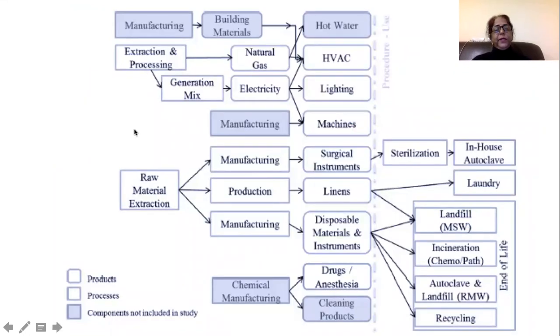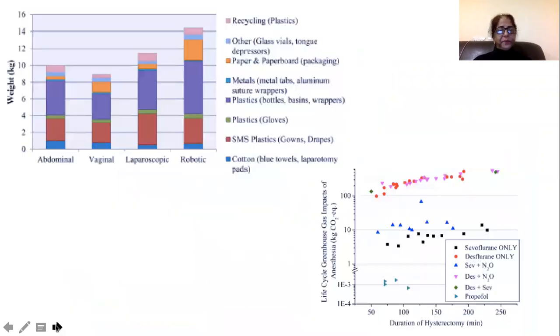And this was calculated right from manufacturing of materials used for hysterectomy, use, and then disposal, and ultimately incineration and landfills and the methods for disposal.